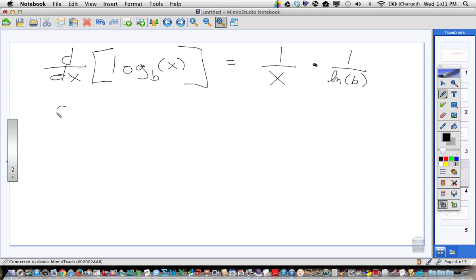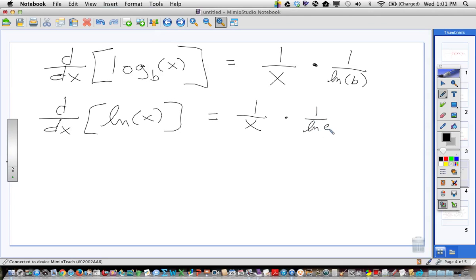Now what about natural log, which is the one we'll see most of the time? Well, it should have that same rule. 1 over x, and then what would the multiplier be? 1 over ln e. What's ln e? 1. So you actually don't write it.